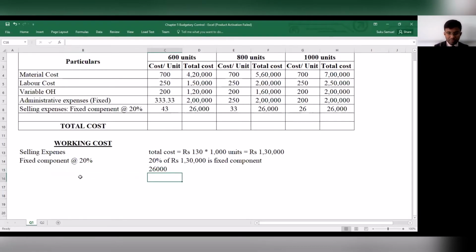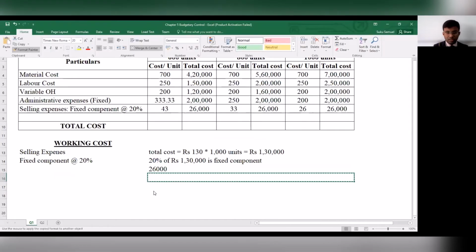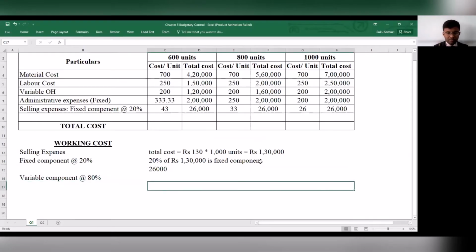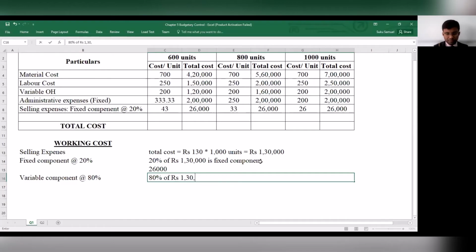Now, what is remaining for us is the variable component. Variable component at the rate of 80%, and then 80% of rupees 1,30,000 is variable.